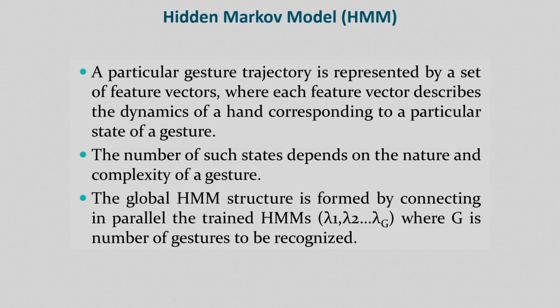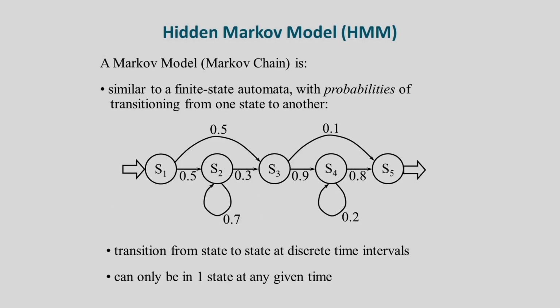The global HMM structure is formed by connecting in parallel the trained HMMs, that is lambda 1, lambda 2 like this, where G is the number of gestures to be recognized. So for each and every gesture I have the trained HMM. So now I am showing the hidden Markov model. So the Markov chain I have shown.